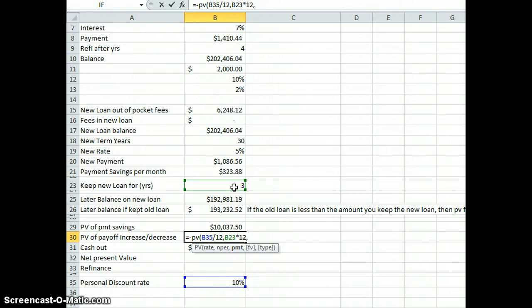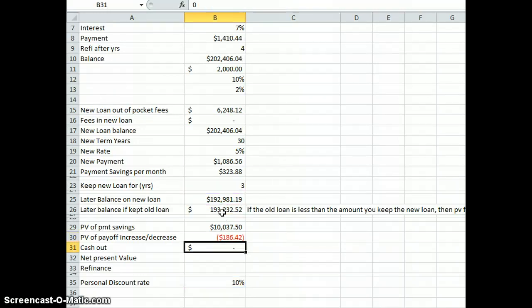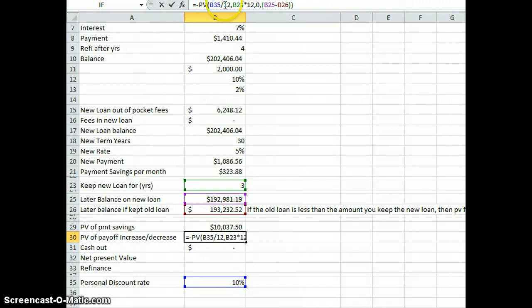Our payment is 0. And our future value is this balance minus this balance. Didn't forget it that time. And I forgot my, oh, I didn't have to do the negative in that one.